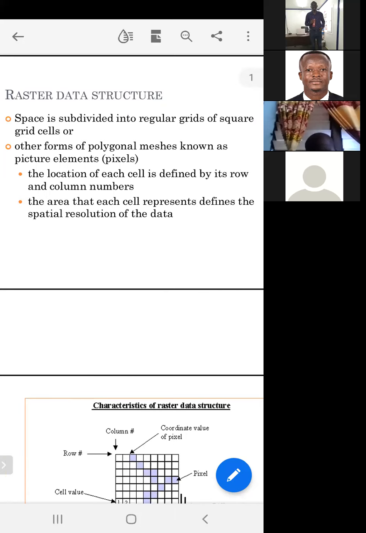I think it's not really well written there. The area that each cell represents defines the spatial resolution of the data. The word resolution there is telling you how good, how accurate, how precise the data that you have is.